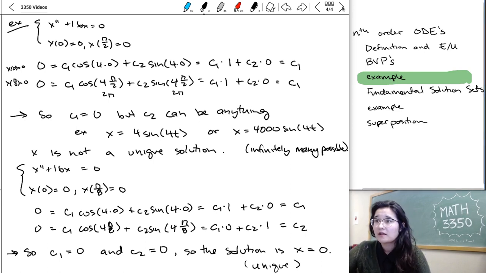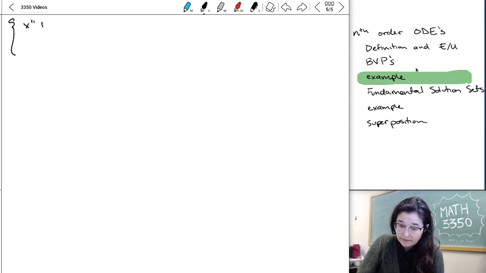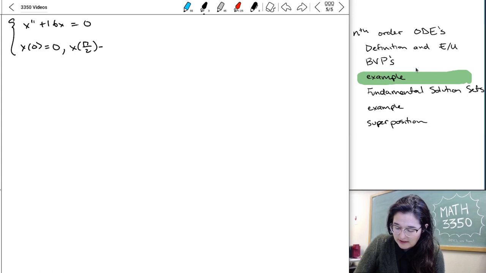And then pause here if you're still writing down those examples, but I'm going to go ahead and do the third case. If you're used to solving algebraic equations, you might already know what's coming. Same differential equation. Now let's think about if x of 0 equals 0 and x of pi over 2 is equal to 1.